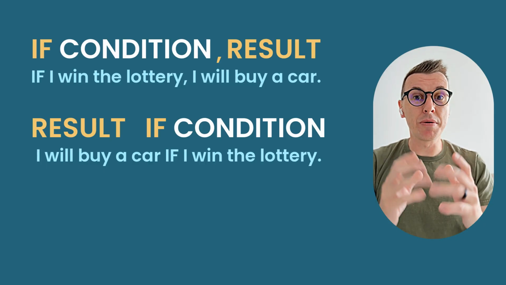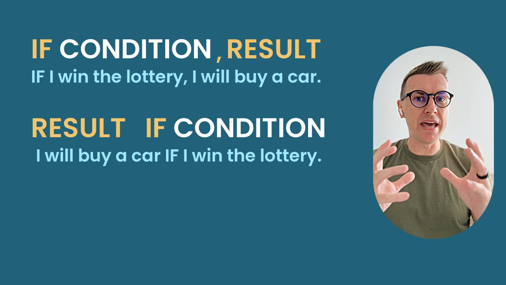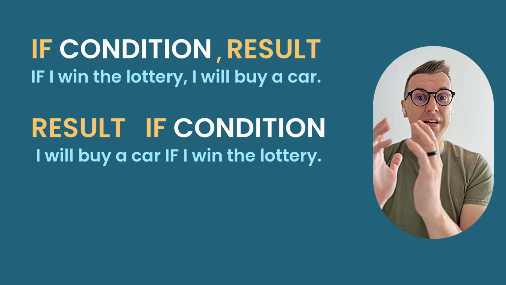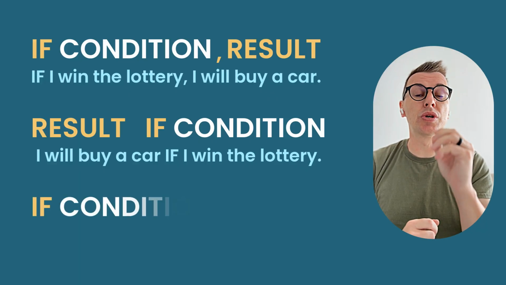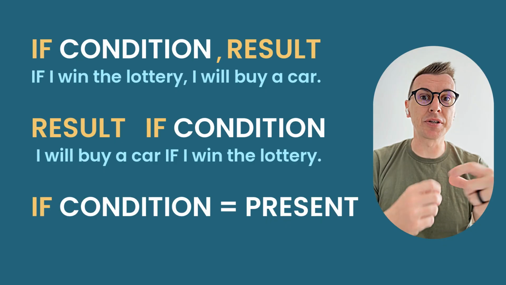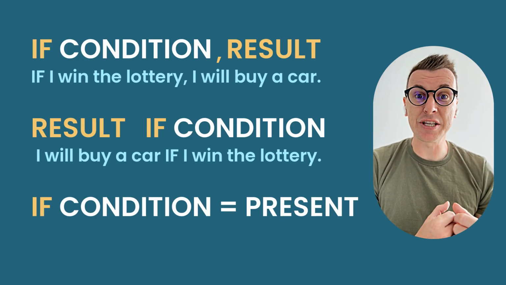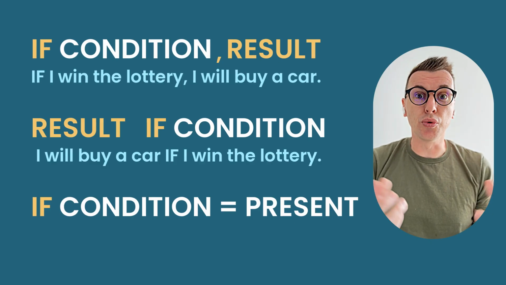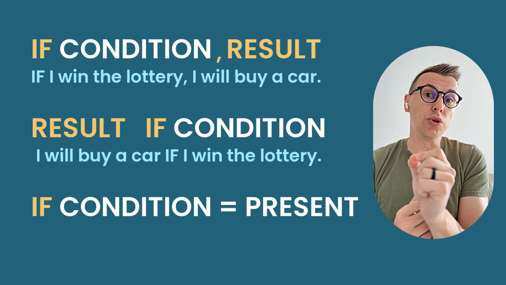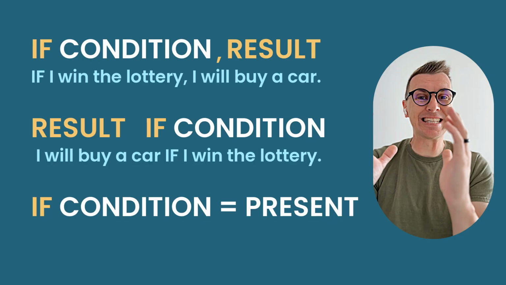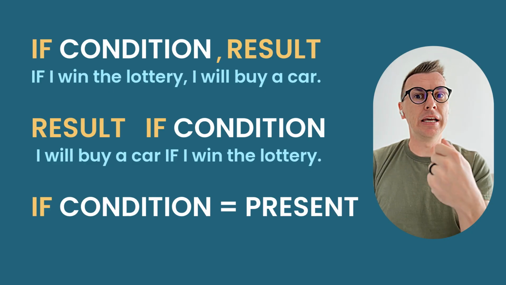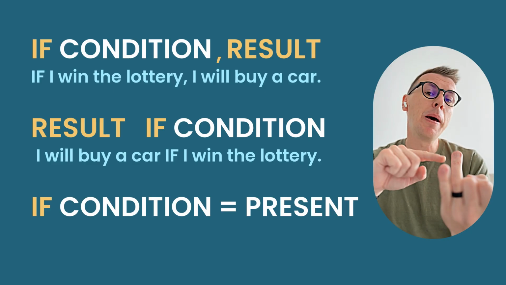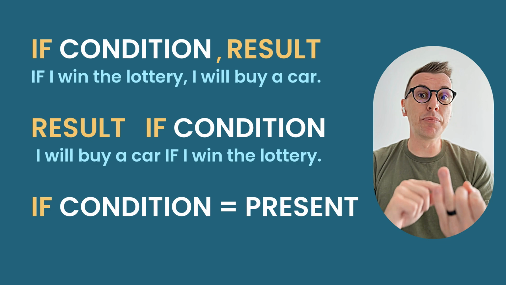So we need to remember one important thing. Whenever you see the part with if in it, a condition, this is where you use the present simple tense, like the majority of textbooks say. And this is true, but I will say that you can use any present tense in this little sentence where you can see if. It can be present simple, present continuous, or even present perfect.